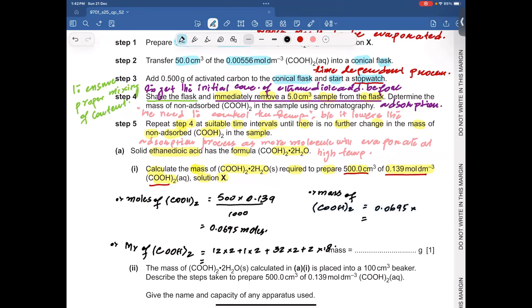Hold on. 24 plus 2 plus 32 times 2 plus 18 times 2. So it's 126, I believe.